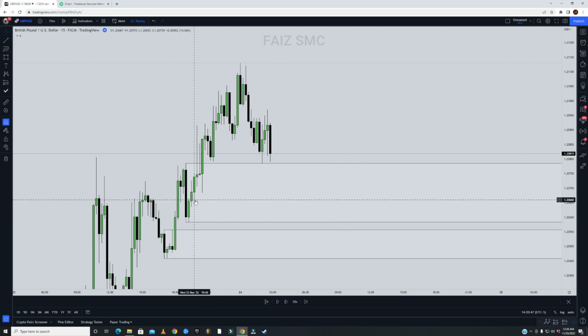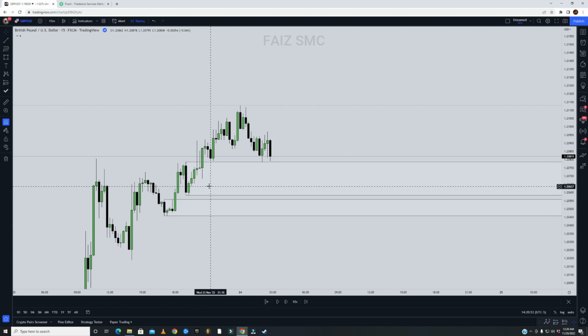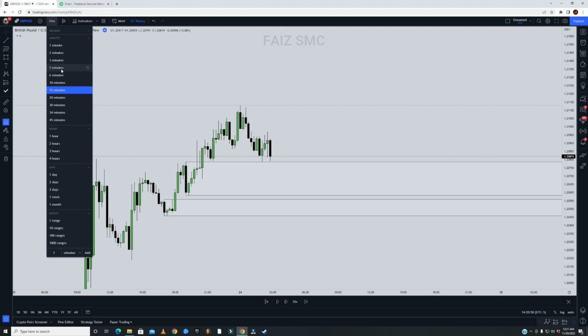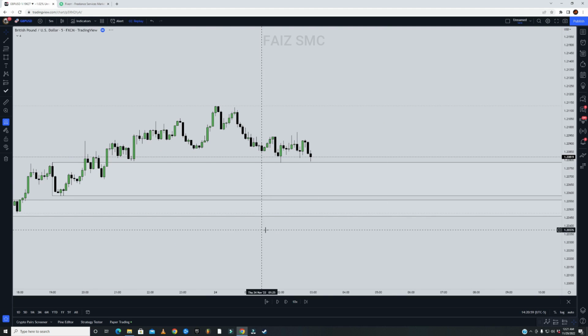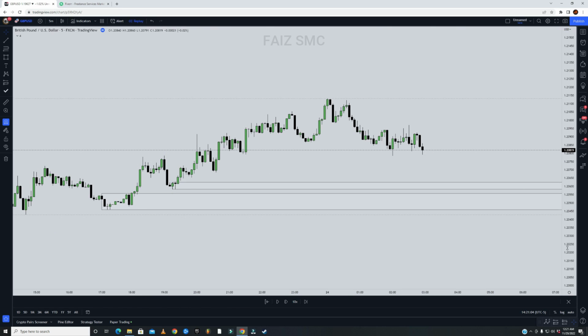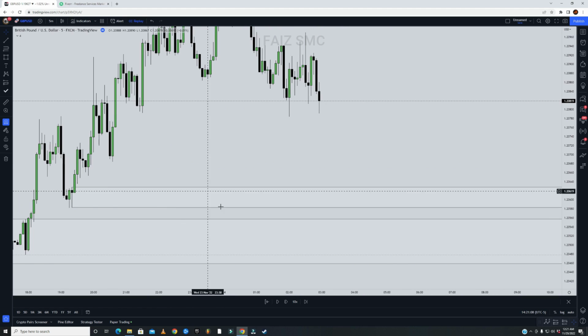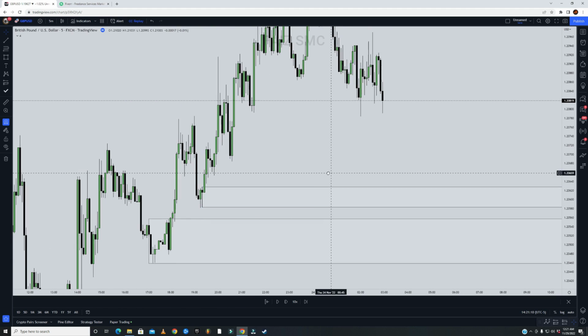As you can see, there's no fair value gap around here. In some cases, if there's no fair value gap and you can't refine your order block, you can, and I mean sometimes, okay, go to the 5-minute time frame and refine it like this. So now we have our refined order block with fair value gap.